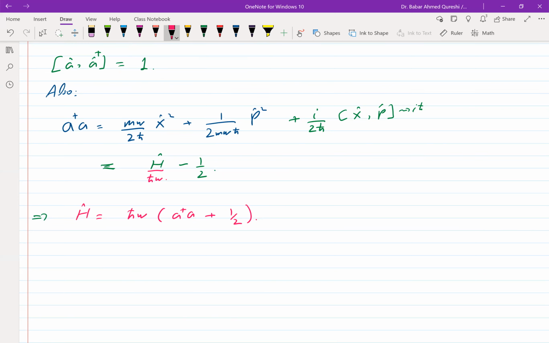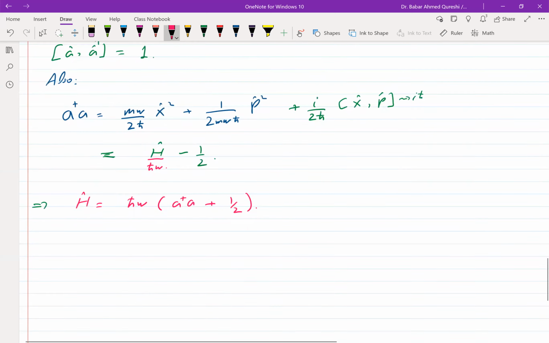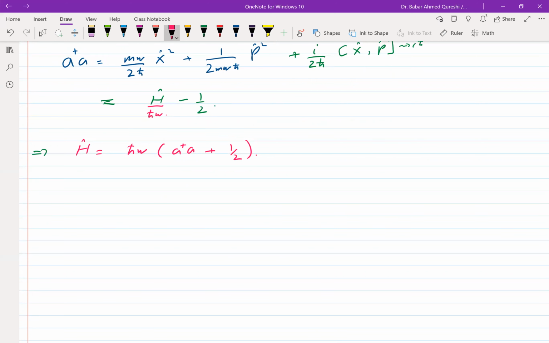Now the thing is, if I find this thing, I can write it like this. If I have an operator A hat and its eigenstates, and I add to it a number, a constant, those are still the eigenstates.